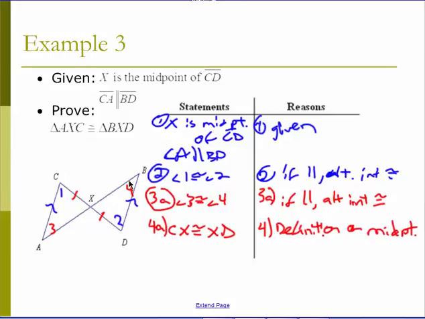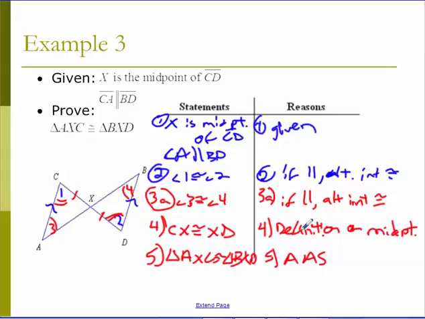I'm actually going to change this just to step 4 because that's going to be the same step 4 for each one. And now step 5 is going to be that the 2 triangles are congruent because I have 2 sets of angles, 3 and 4, 1 and 2, and a side. So triangle AXC is congruent to triangle BXD, and that's because of, in this case, angle, angle, side.